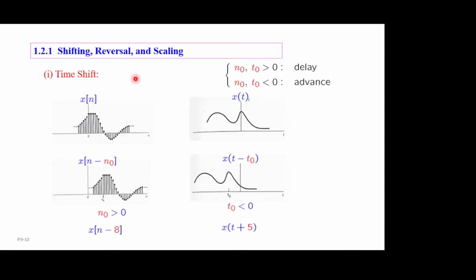Time shift means you add or subtract something on the time independent variable, and you will either delay or advance your signal. See, this is a delayed signal, it shifts to the right, and this is an advanced signal, it shifts to the left.